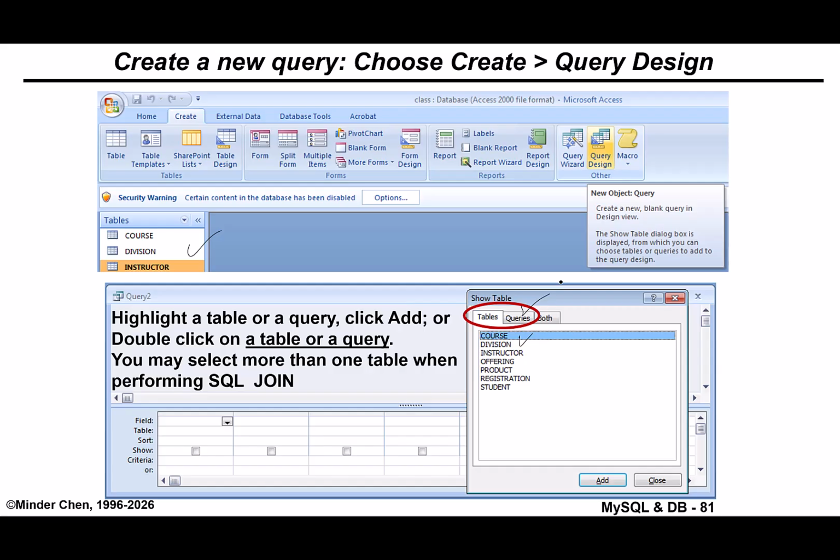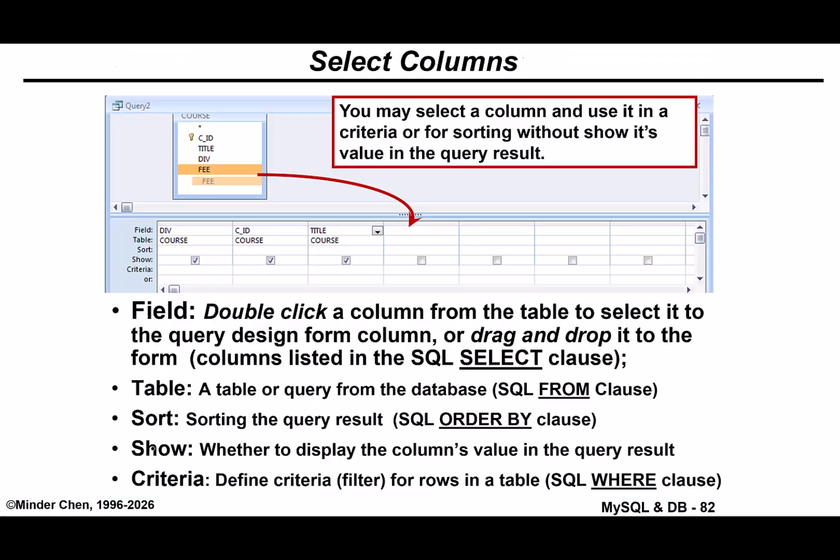Then you decide what columns you want from which table, how you want the result sorted, and whether you want the column displayed. Sometimes you use a column for filtering, like the salary we mentioned previously, but you don't want to show it. The criteria is the where clause. You set the filtering criteria, and you basically drag and drop, creating a SQL statement behind the scenes.